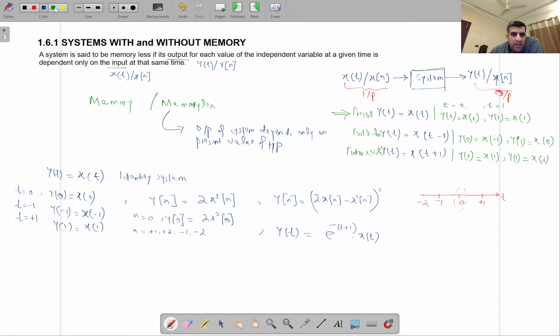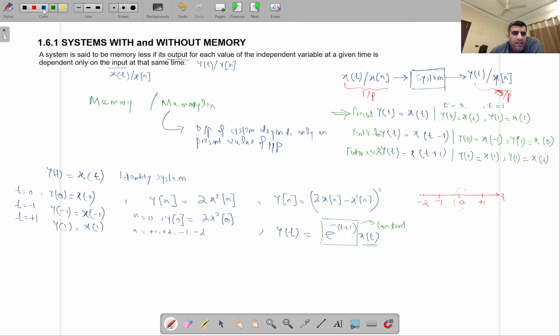But what you need to understand is that this particular term, e raised to power minus t plus 1, is not an input term. The input is basically this thing, x of t. So this is going to be simply a constant. This is a constant term, although it depends upon t itself, but it is a constant.